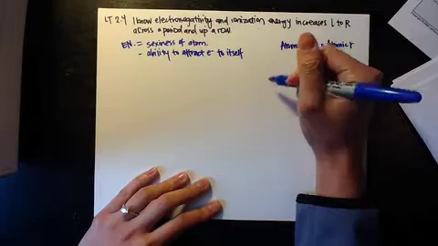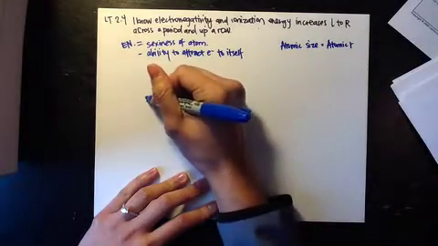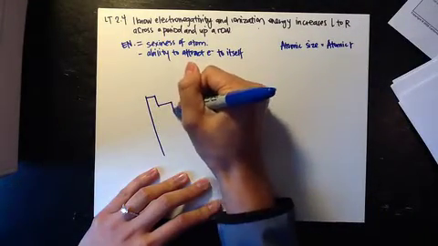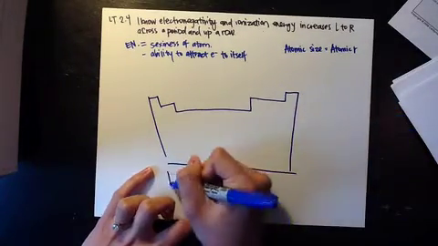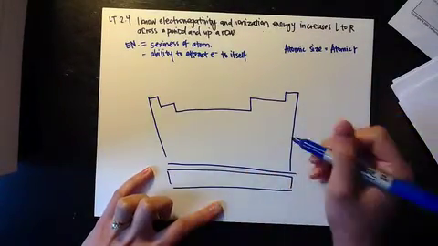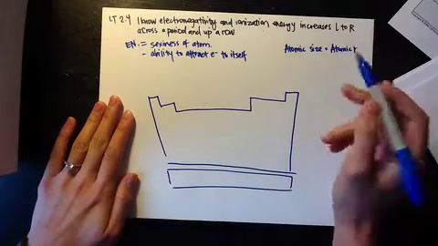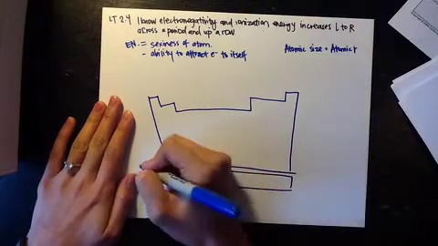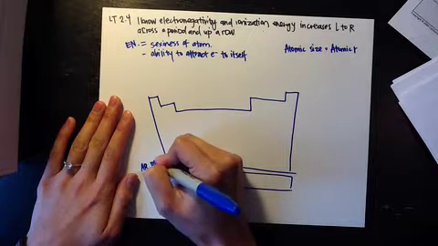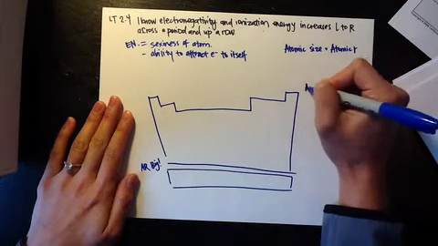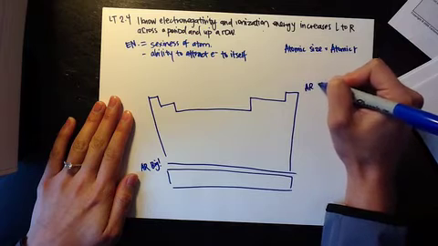So as a reminder, here's my periodic table. Atomic size, or radius, is big here, and atomic size is small here.